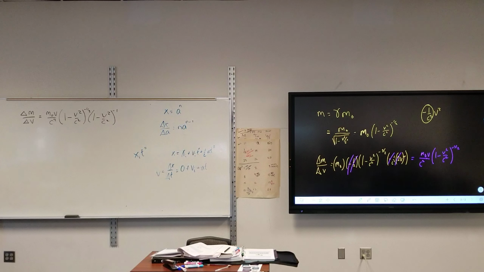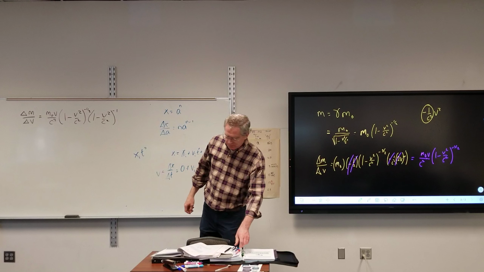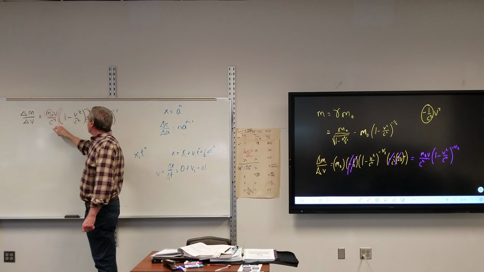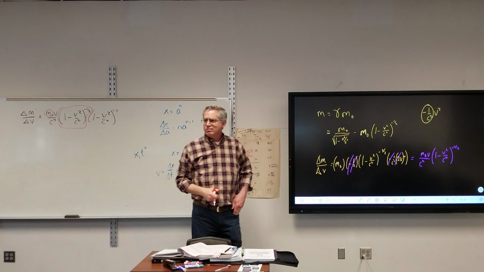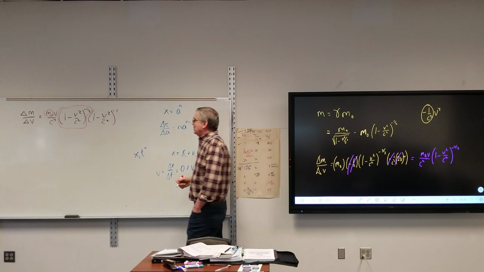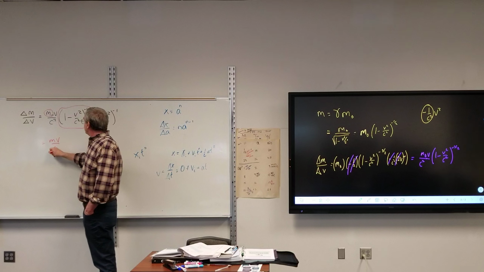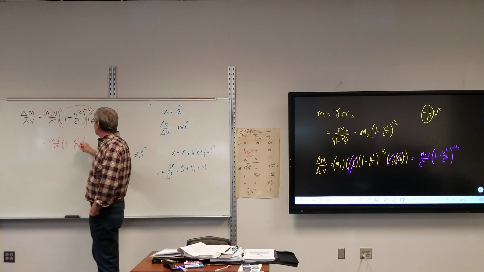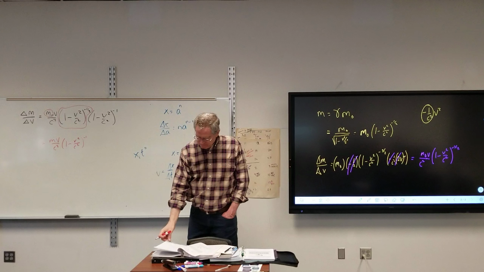Why would I do that? Because if I take my m sub naught and multiply it times this part right here, that's just my mass, m sub naught times gamma. So that's equal to m v over c squared times (1 minus v squared over c squared) to the negative 1.